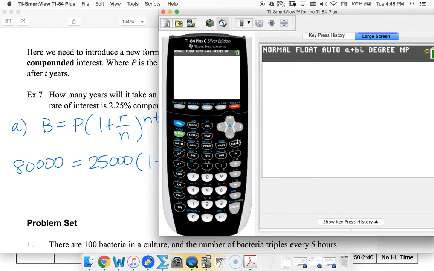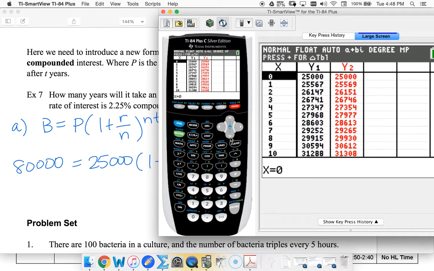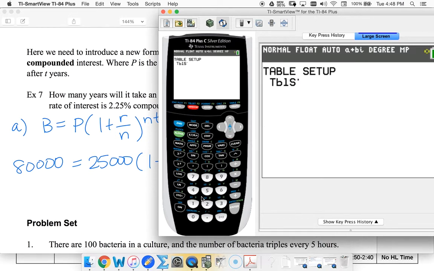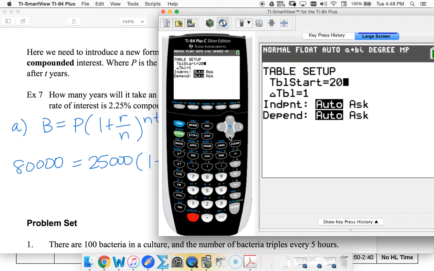So I'm looking for 80,000, and I can see that after 10 years, I'm not quite there yet. In fact, I'm not close to being there. So I'm going to come into my table settings, and let's start at 20 years and count by 5 years.